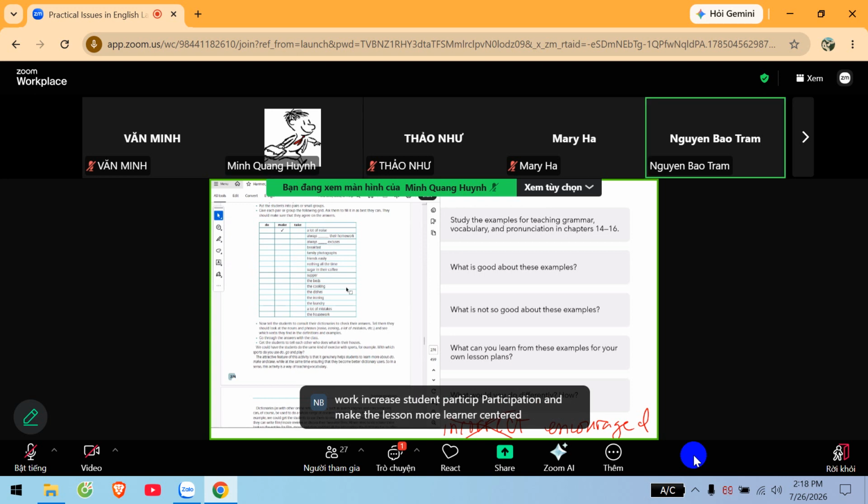Furthermore, teaching collocations and dictionary skills is important because it helps students become more confident and independent language learners. Okay.